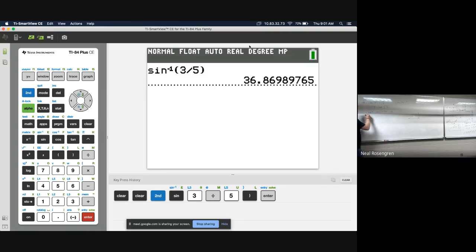Step two is to label two of the sides. If they're giving me cosine, CAH, what I know is that compared to this angle right there, that theta, since they gave me cosine 12/13, 12 is the length of the adjacent side, and 13 is the length of the hypotenuse.